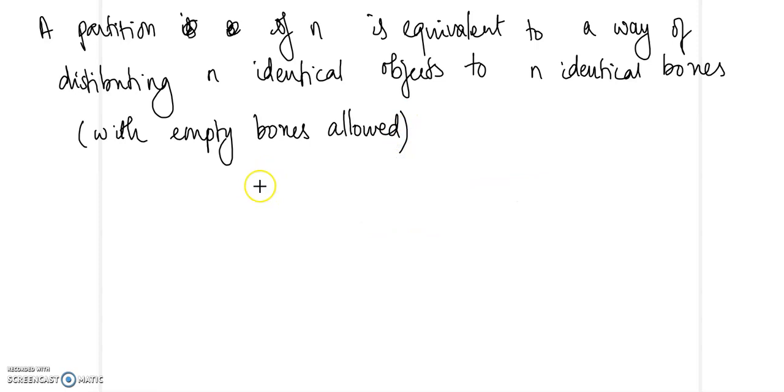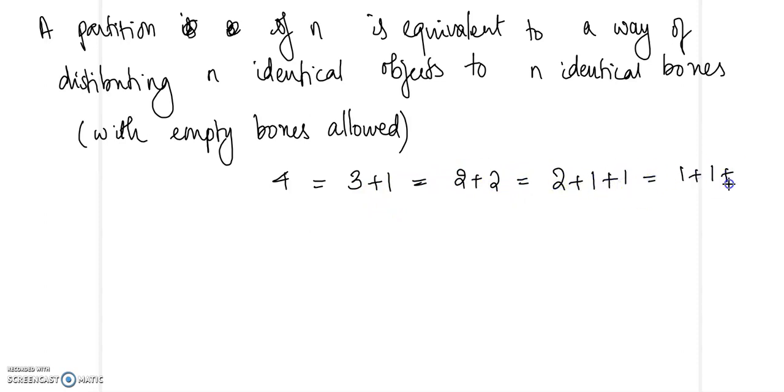So if you look at the partitions of 4, we have seen the different partitions: 4, 3 plus 1, 2 plus 2, 2 plus 1 plus 1, and 1 plus 1 plus 1 plus 1. In the first case, there are 4 boxes, and in one of the boxes there are 4 elements.